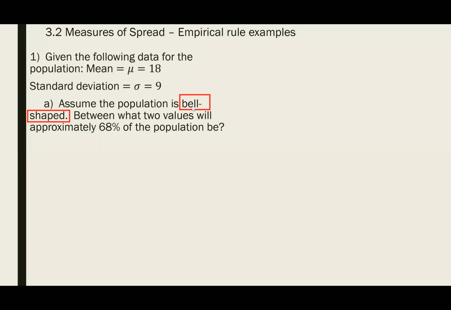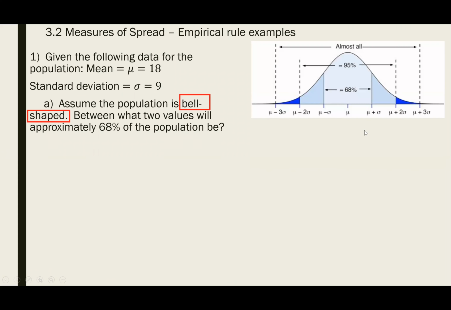So in this case, we have a bell-shaped curve. So we know we can use my empirical rule. Okay, and now they ask you between what two values? Between what two values will approximately 68%, which is, do you agree that 68% is right here, which is between this value and this value?